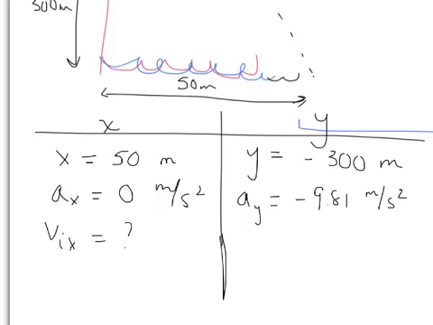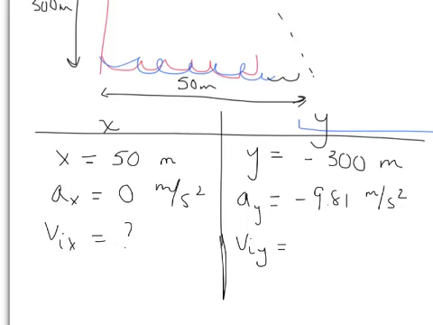VIX. What is VIY? He's standing on the top of the bridge. I can stand on the top of the bridge and jump up and out and have a vertical velocity component, but it says that he jumps horizontally. Good. Because he jumps horizontally, it's like the tennis ball that rolled off the table.